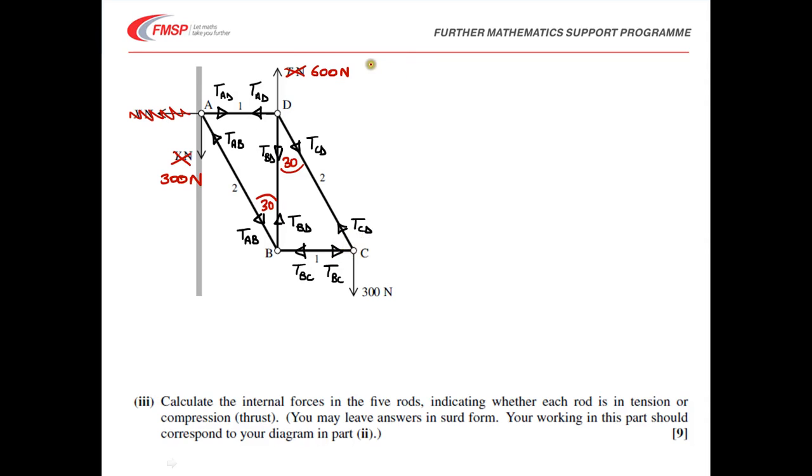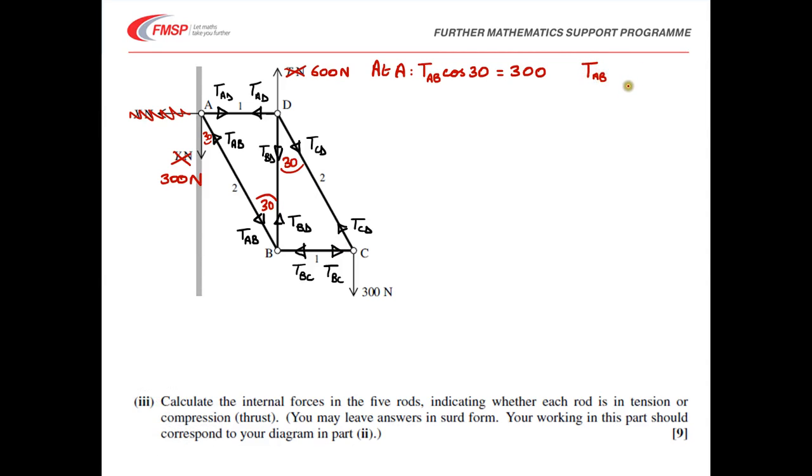Let's start at A. Considering the forces at A, if we look in the vertical direction, the only forces acting at A are the 300 Newton force downwards and a component of TAB. Remember, this is 30 degrees in here. So looking at the vertical balance at A, TAB cos 30 is going to be equal to the 300 Newton force downwards.